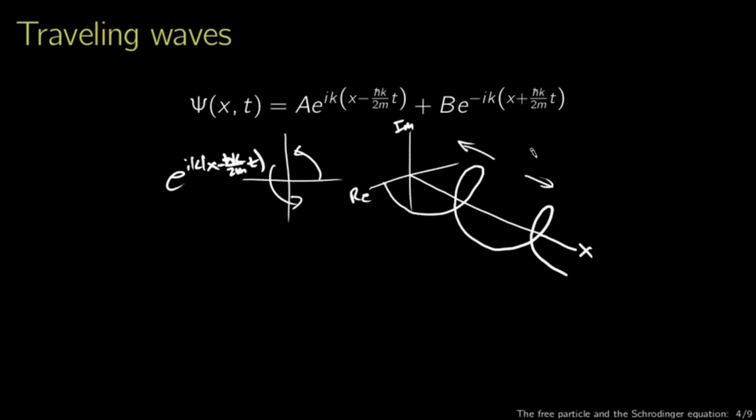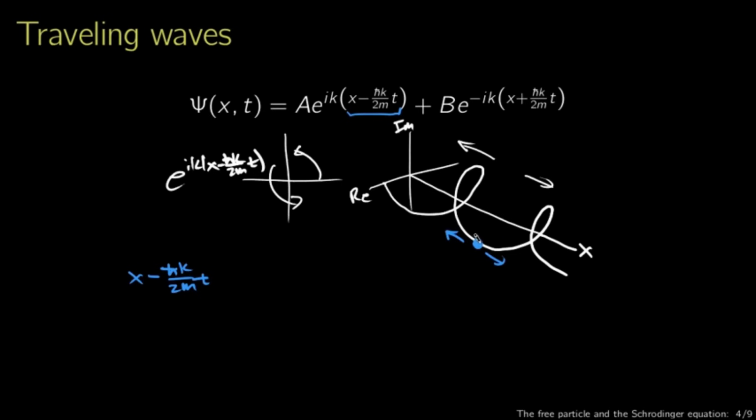And you can determine how that propagates by looking at the argument here. If I look at x minus h bar k over 2m t, if I'm looking for a specific point on the spiral, say this point, and I want to know whether it moves this direction or this direction, I can look at this expression here.